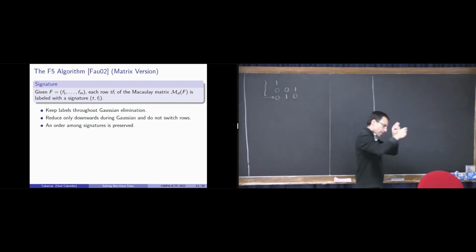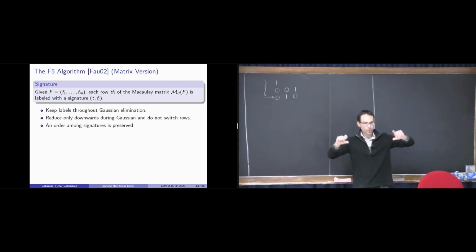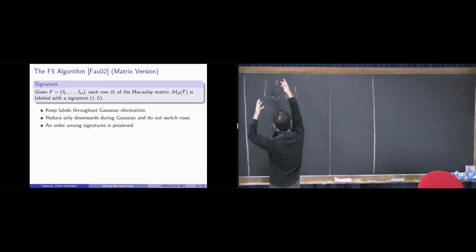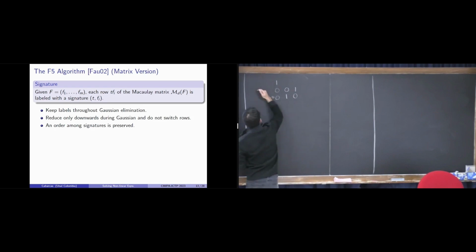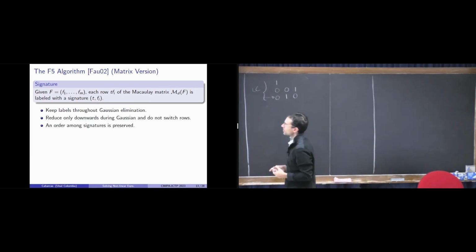Always, even though we're doing all these things, we always guarantee that one row is a linear combination of the original ones up to that one. And this assures that we keep an order among the signatures. So we should establish an order in the signatures.